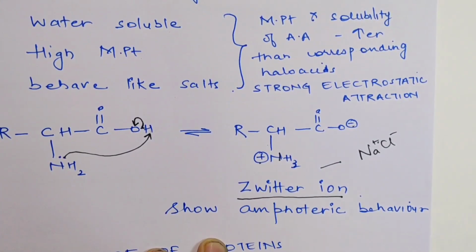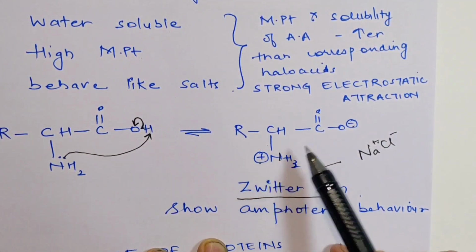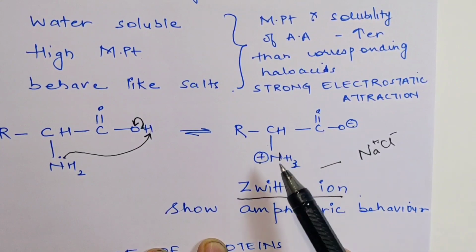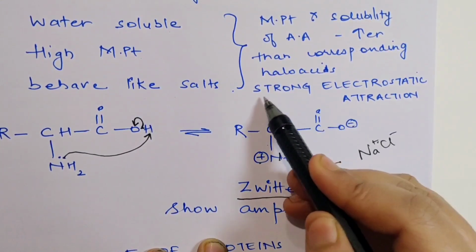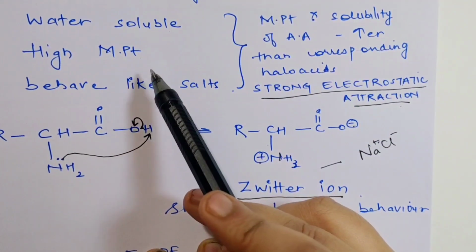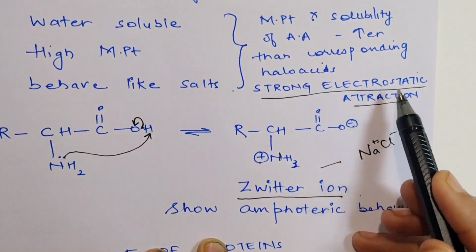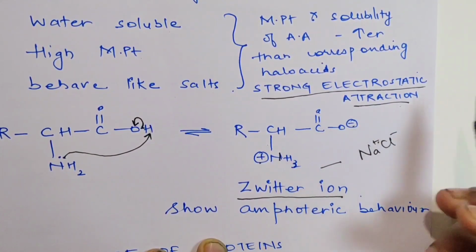That is why it's different from a regular ionic compound. Nevertheless, it still has charges, and these charges are responsible for the strong electrostatic attraction, which is why it has a high melting point, because you have to give more energy to break this strong electrostatic attraction and therefore separate the amino acids.